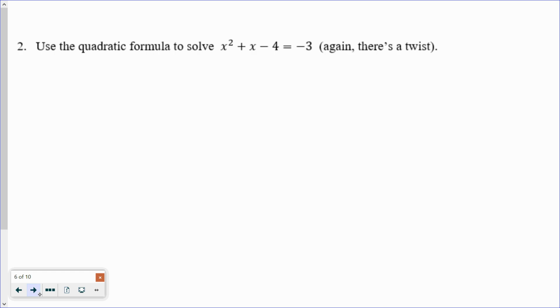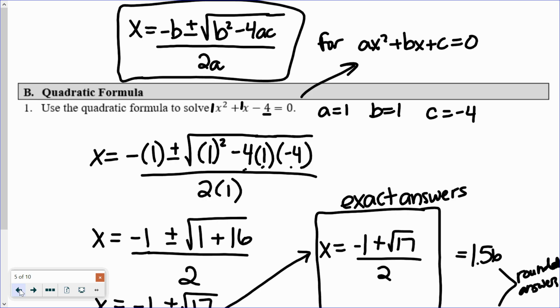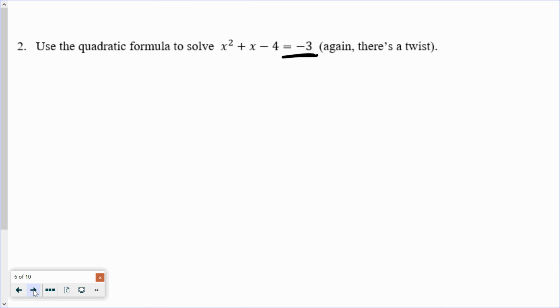All right, so use the quadratic formula to solve x squared plus x minus 4 equals negative 3. So again, there's a twist. Man, I have lots of hints. The twist is that it's equal to negative 3. Up at the top on that last page, you saw it needs to be equal to 0. So we need to set that equation equal to 0 in order to use the quadratic formula.